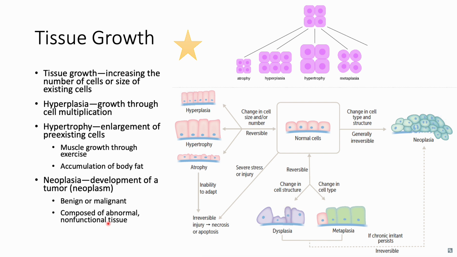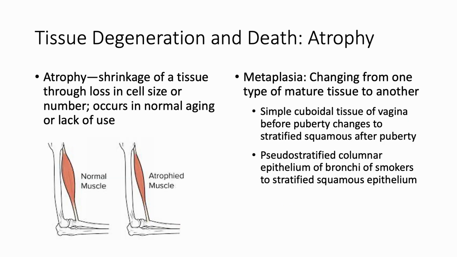And then we have neoplasia, which is development of a tumor or neoplasm, where we have cells changing in shape and cell structure. It can either be benign or malignant. That is neoplasia. You can also have atrophy, which is shrinkage of a tissue through loss in cell size or number.